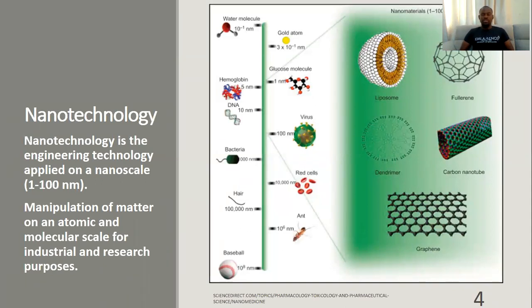These are manipulated on a molecular or an atomic level to form structures which can be beneficial in many different uses. As you can see here, just a few. We have graphene, we have liposomes, which are just biology in organic and inorganic structures.